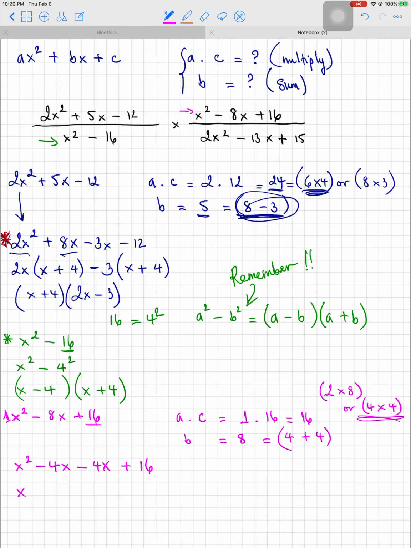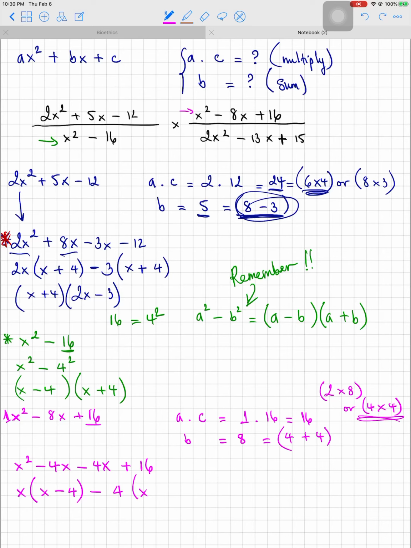So we have x, x squared, not x squared, x times x minus 4, minus 4 times x plus 4. Negative 4 and plus 4 is going to be negative 16, so that's wrong right there.